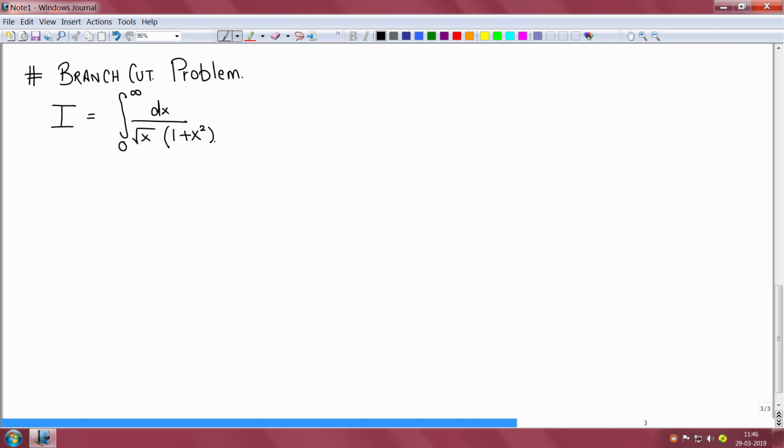You can see that the integral has to go from 0 to infinity, along the positive x axis.